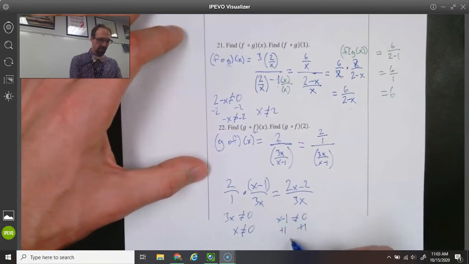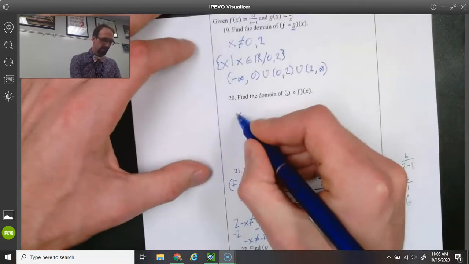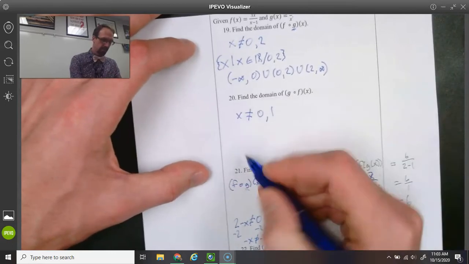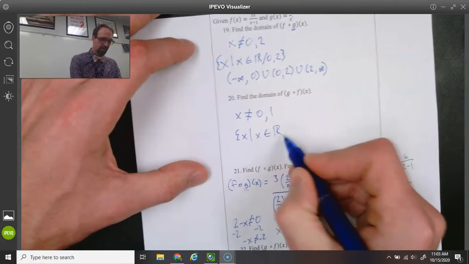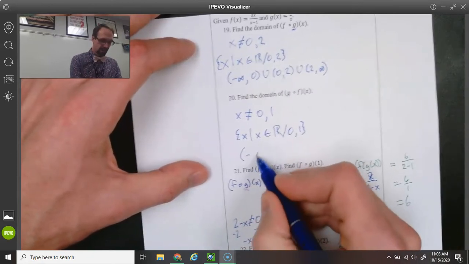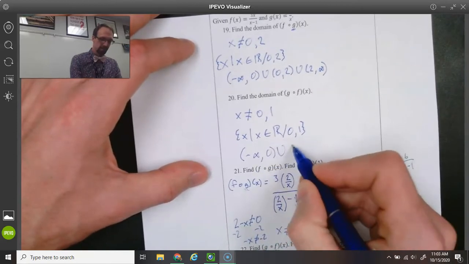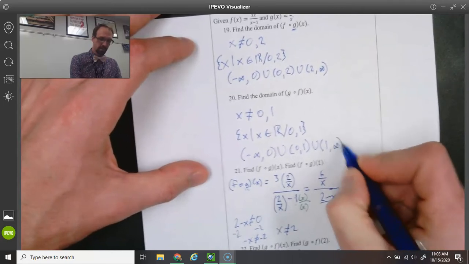Add 1 on both sides, so we get x cannot equal 1, which probably should have been done up here, but essentially we have x cannot equal 0 and 1. So the set of x's such that x is an element of real numbers except 0 and 1, and in interval notation, negative infinity to 0, union 0 to 1, union 1 to infinity.